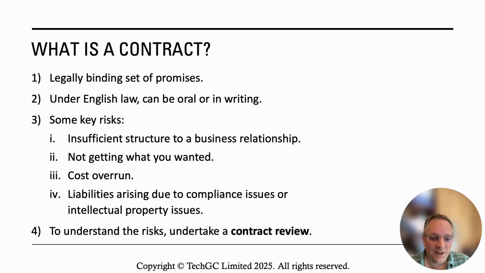So if another party to a contract creates risk for you by using third-party intellectual property without consent, by taking and copying things and providing it to you, then this is all creating risk. So to understand what the risks are in a particular circumstance, it's always a good idea to do a contract review before signing it. So what does that mean? Well, we'll look at that on the next slide.